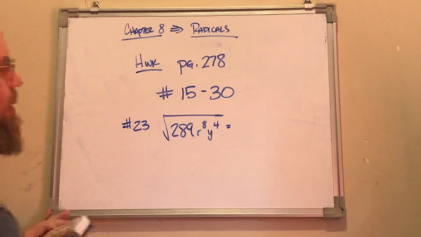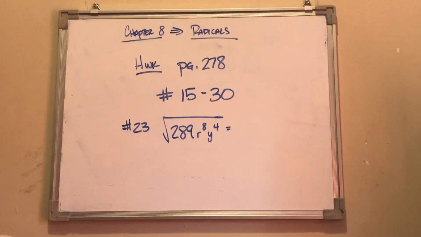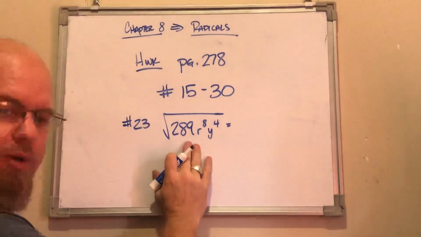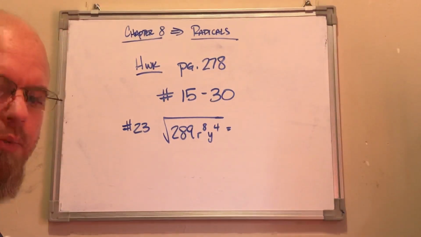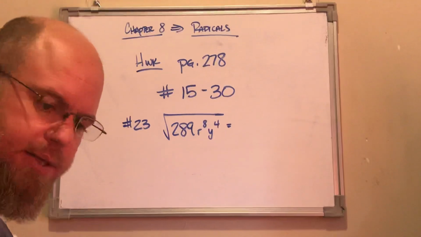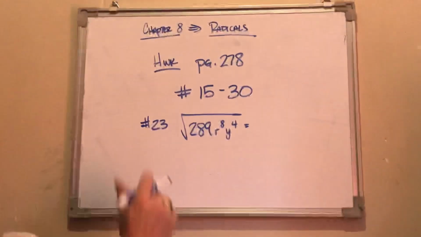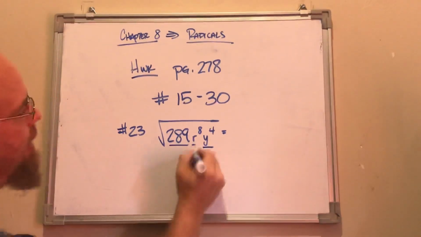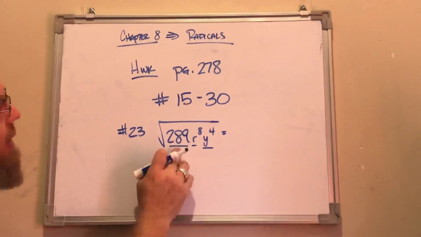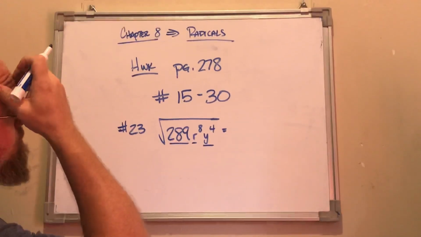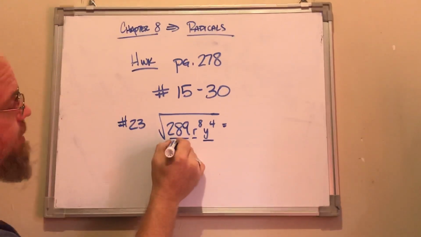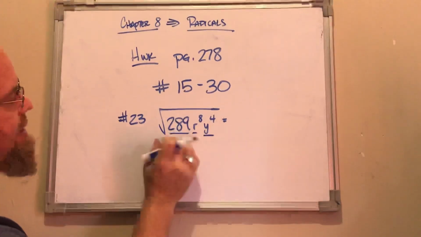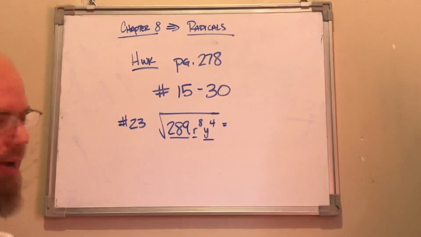What we can do here is also use the product rule, which we did not go over. I don't know why they didn't go over that, but that's okay. When we have different variables, a coefficient, a variable, and a variable, each one of these can be broken down by that radical.